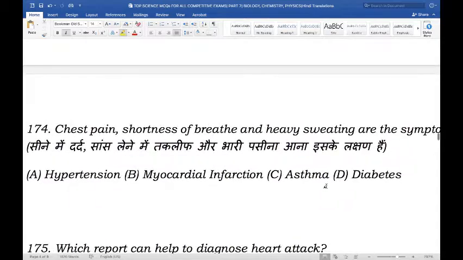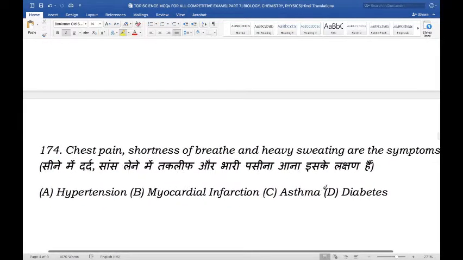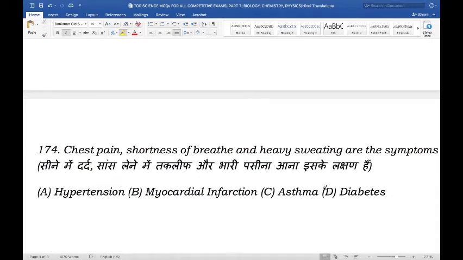Moving on to the next one. Chest pain, shortness of breath, and heavy sweating are symptoms of, is it A, hypertension, B, myocardial infarction, C, asthma, or D, diabetes? So chest pain, shortness of breath, and heavy sweating are symptoms of myocardial infarction.